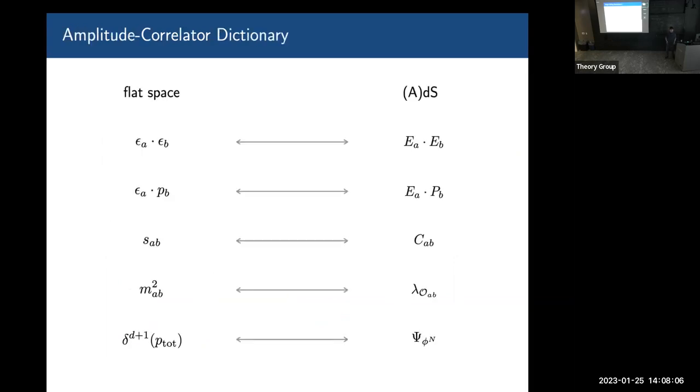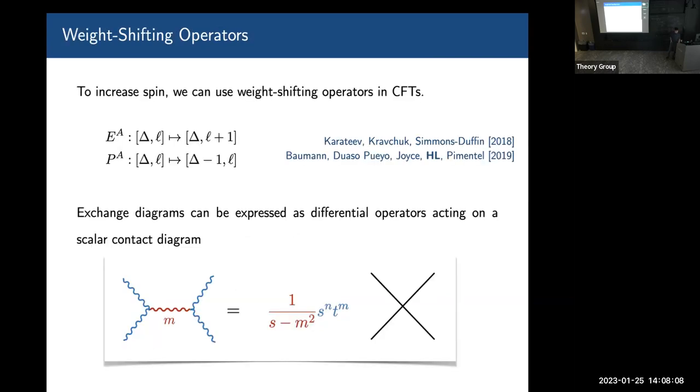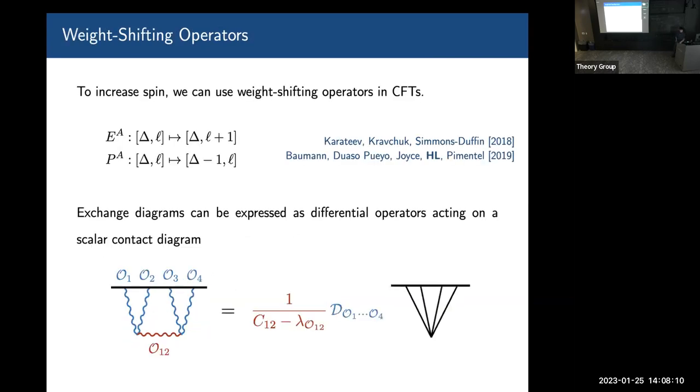Can I ask a question? So when you go back, maybe even one more. One thing that is confusing to me is that you have a contact diagram here, you're acting with some operator here, and you have a spinning object on the left. But as we discussed, the object on the left-hand side depends on the choice of gauge, right? So it's not a gauge invariant quantity, for instance.